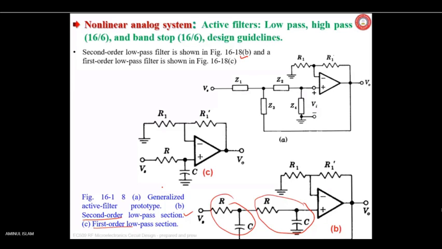What element is deciding the order? Tell me, somebody, you have studied now. Sir, cascaded RC.